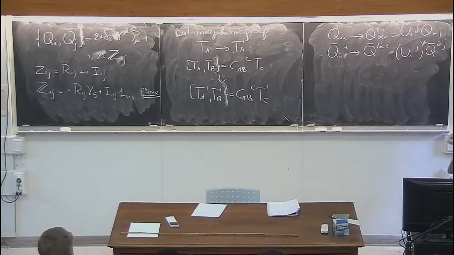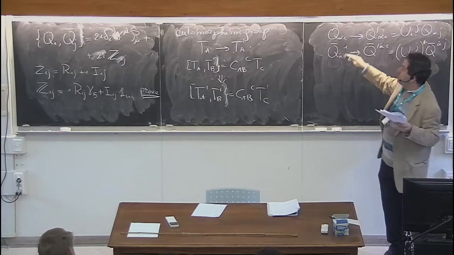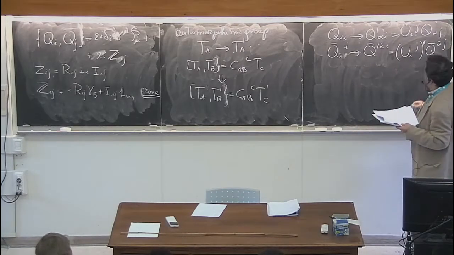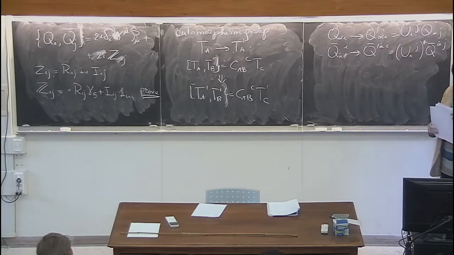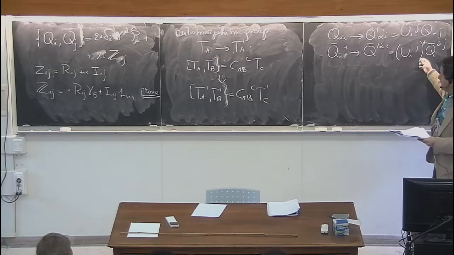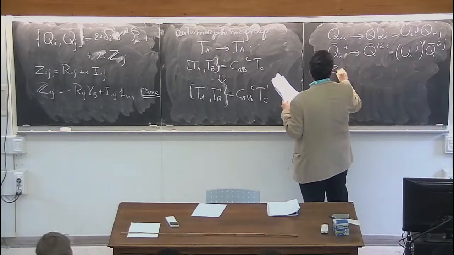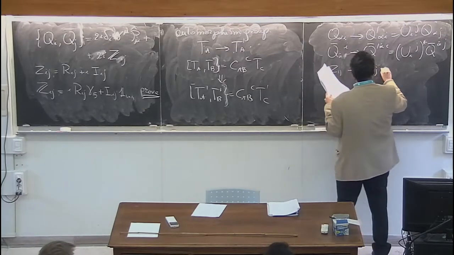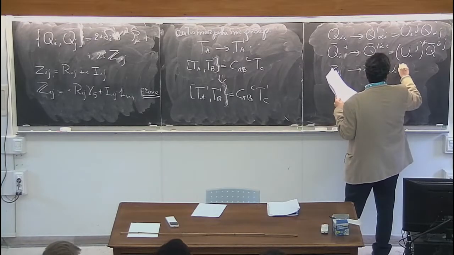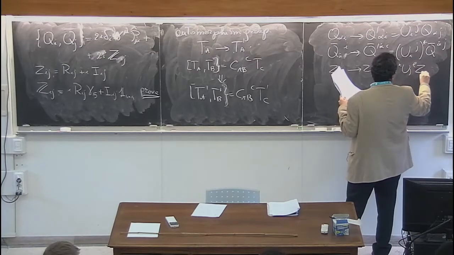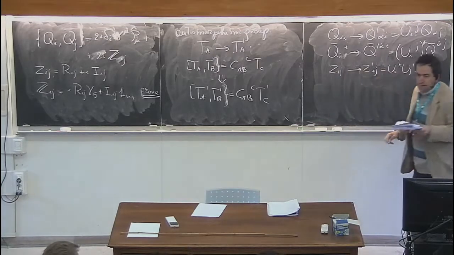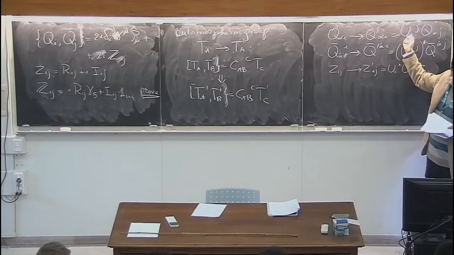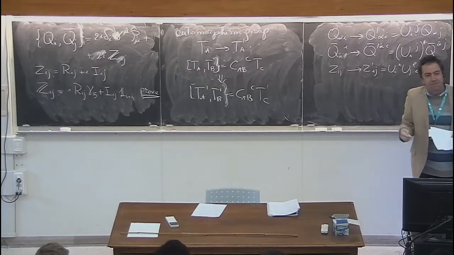There is a star here. Remember that these two are related by Hermitian conjugation. And Z^IJ goes into Z'^IJ, which is equal to U^I_K U^J_L Z^KL. So you simply transform all the indices I by means of this matrix U.